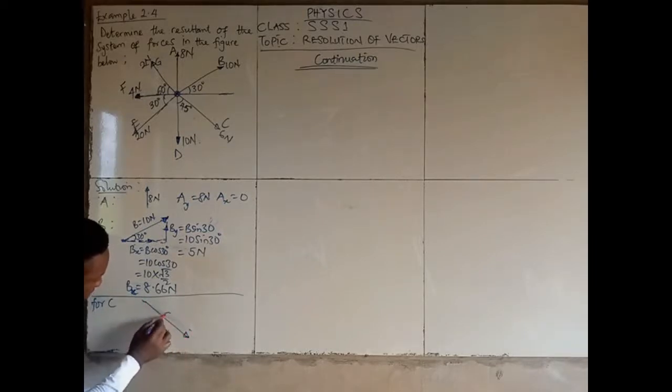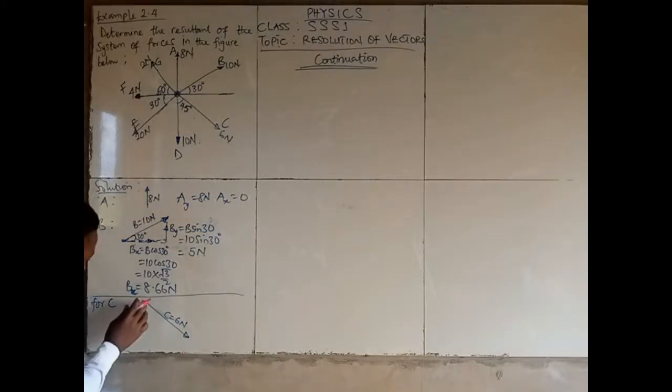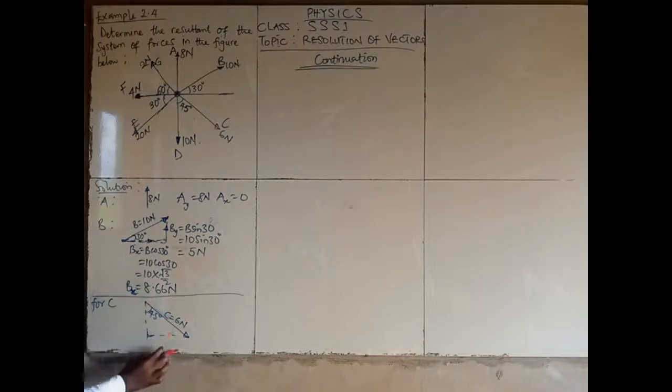Our C is 6 Newton, making an angle of 45 degrees with the horizontal. So automatically this is the adjacent, this is the opposite, and this is our CX and this is our CY component.